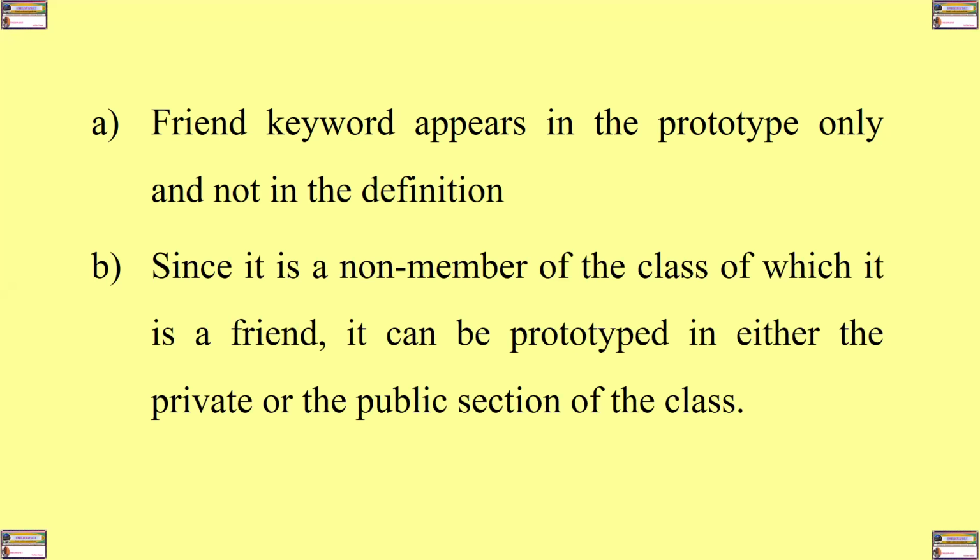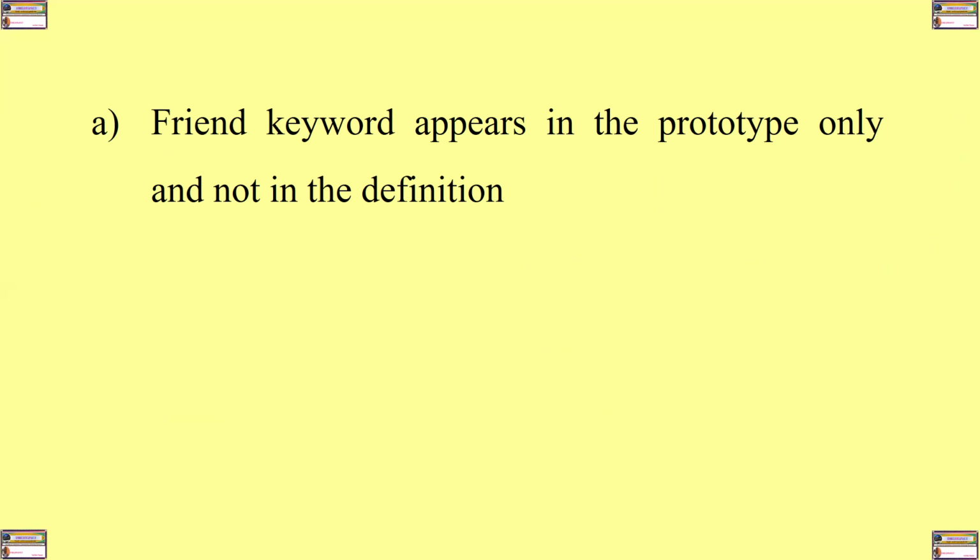You don't define that other class that you are making a friend of the current one within the class in which it has become a friend. What you just need to do is to prototype the class in the same way that we learned about prototyping of methods within a class.